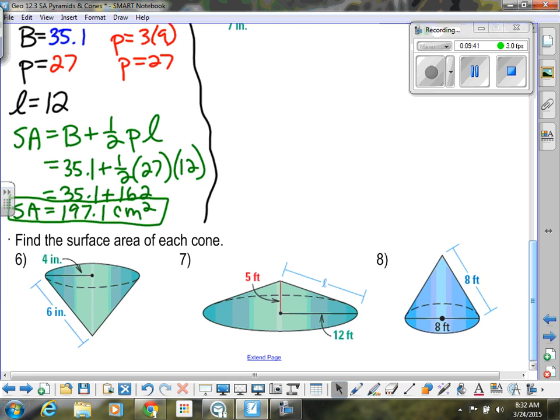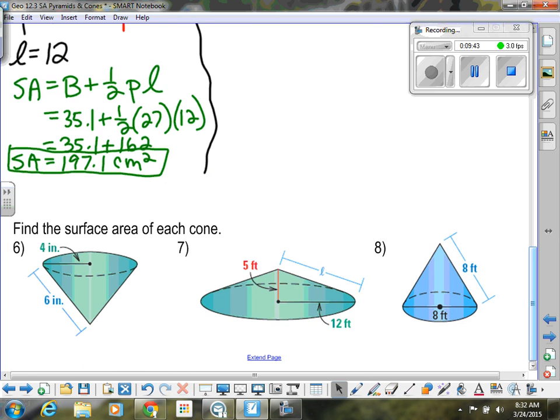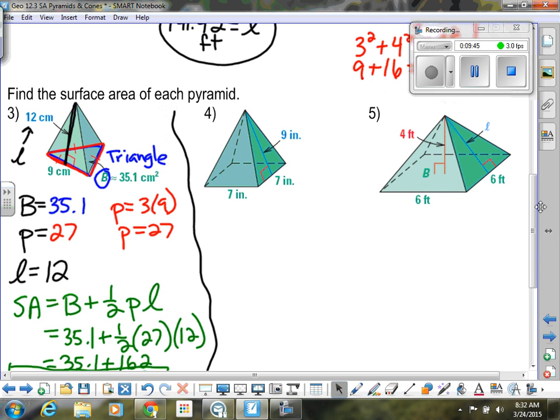I'm going to move these down a little bit, give me a little more room. So in number 4, again, we're finding area of the base, perimeter of the base, and slant height. All right, so my base is a square. So to find capital B, I'm just going to do length times width, or base times height, or side squared, however you want to think of it.